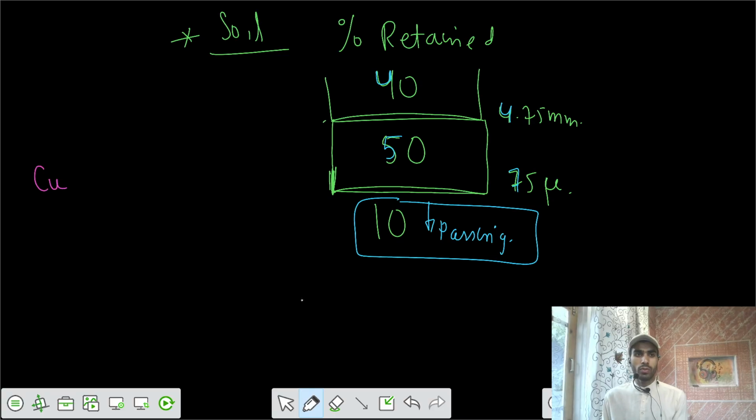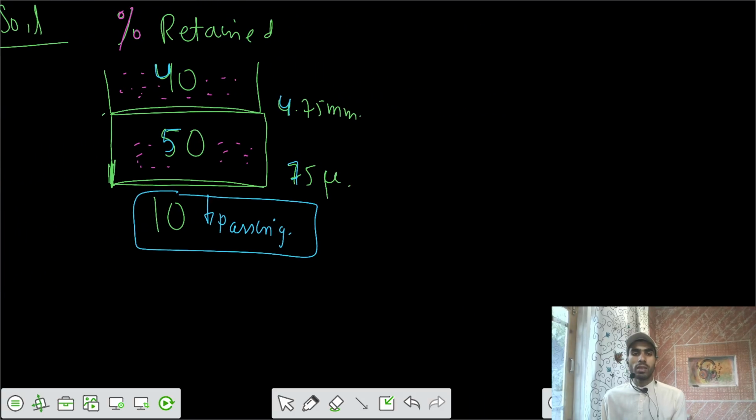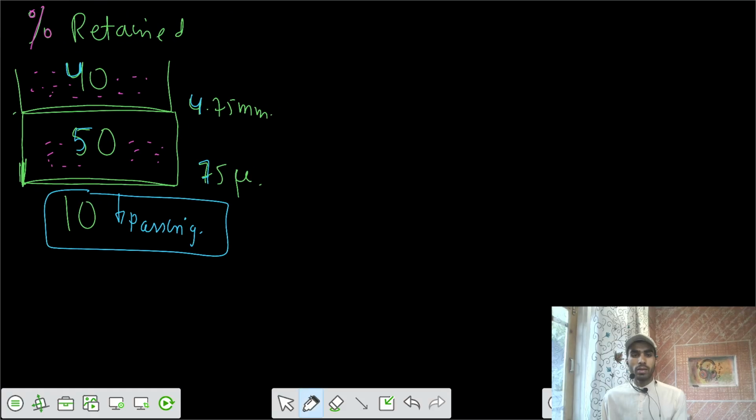Now if I say I need to calculate Cu, the coefficient of uniformity, what is the equation for that? Is that D60 by D10? D60 by D10. I need to calculate Cu for this problem. So the percentage retained on 4.75 is 40%, the percentage retained on 75 micron is 50%, and 10% is passing 75 micron.